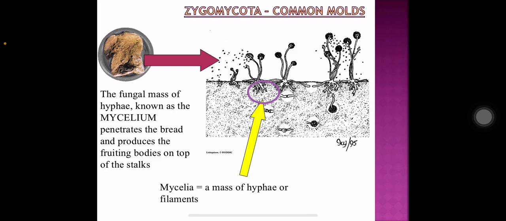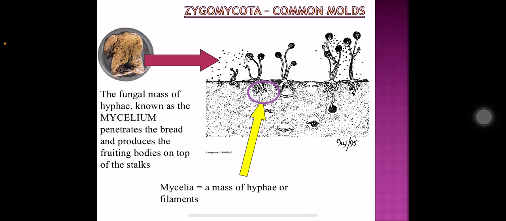While the vegetative portion is responsible for deriving nutrition from the medium in which it is growing. Now there are several hyphae which are growing in the fungi. Hyphae means a filamentous portion. A filamentous growth of fungus is known as hyphae. Singular is hypha and plural is hyphae.